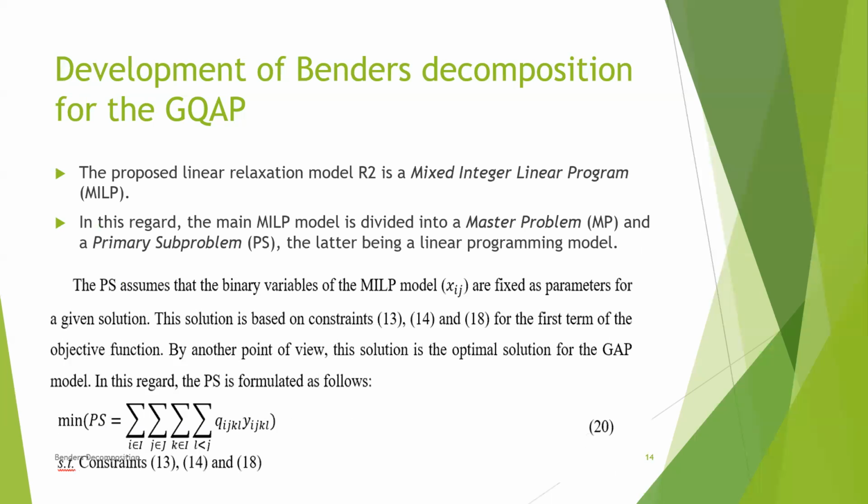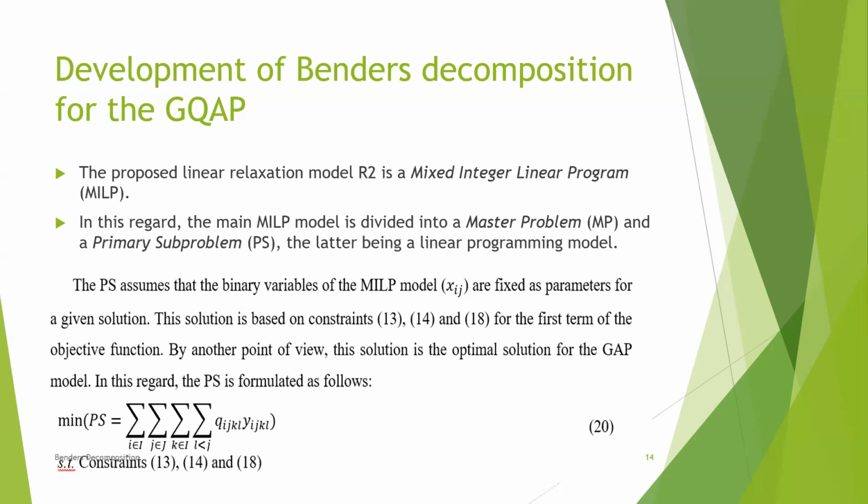So for the primary subproblem, we can consider only the second term of the objective function, which is the quadratic term. And also we can consider only the linear constraints that exist from constraints 13 and 14.